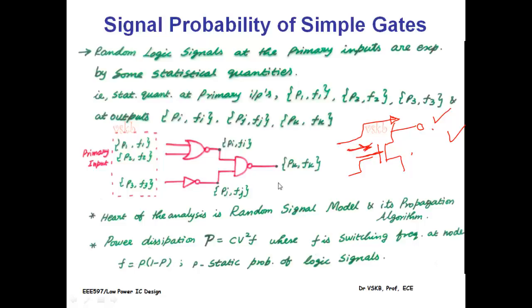With that idea, we will have all these digital gates, the theory of the digital gates helping us with the static probability, how they propagate through the logic circuit to the output. That is what we would see in this continuation.